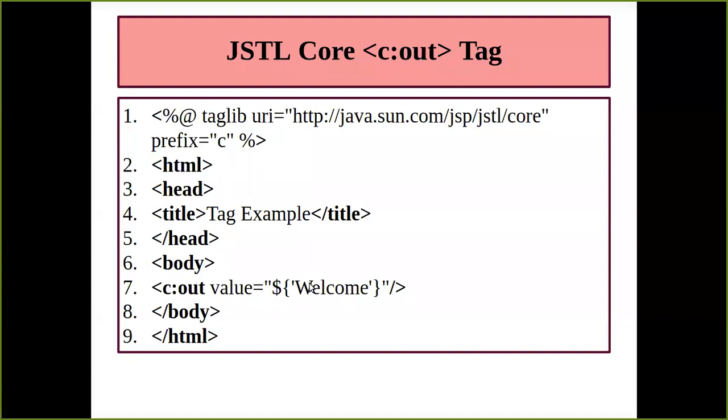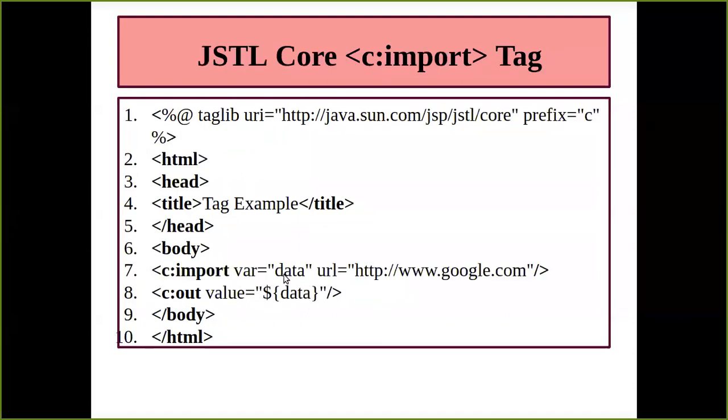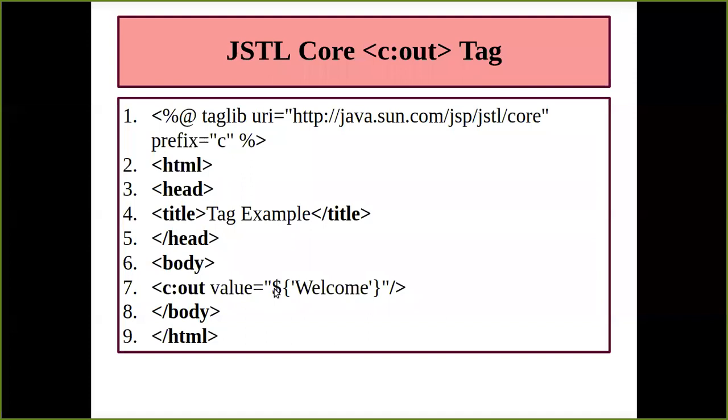And expression language, as I told you, starts with a dollar sign. So your JSP engine also understands that you are making use of the dollar sign, which means you are going to make use of expression language. The syntax is a dollar sign, and then the expression is written inside curly brackets.